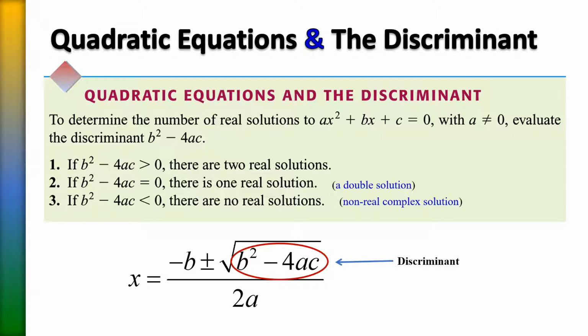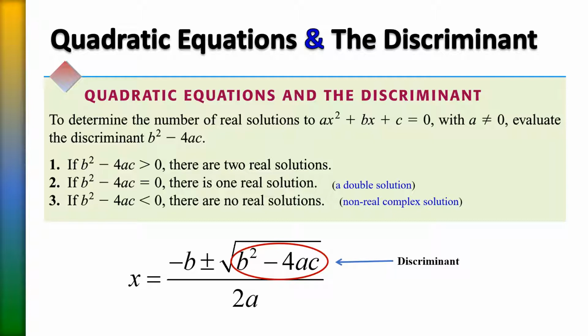When you plug the values of the variables a, b, and c into the discriminant part, if it's greater than 0, you're going to have two real solutions.